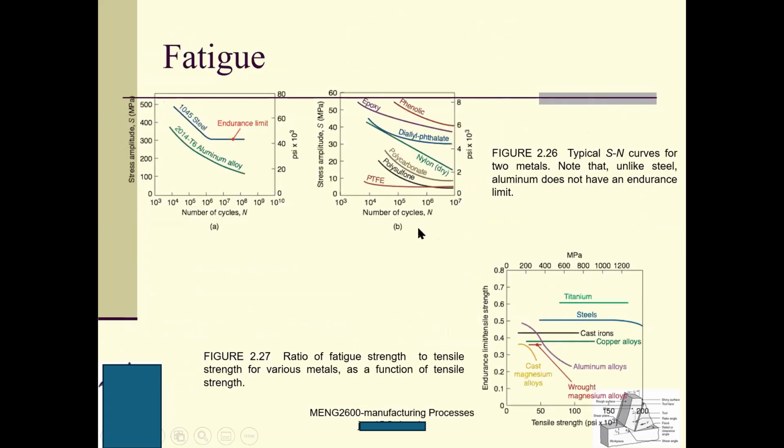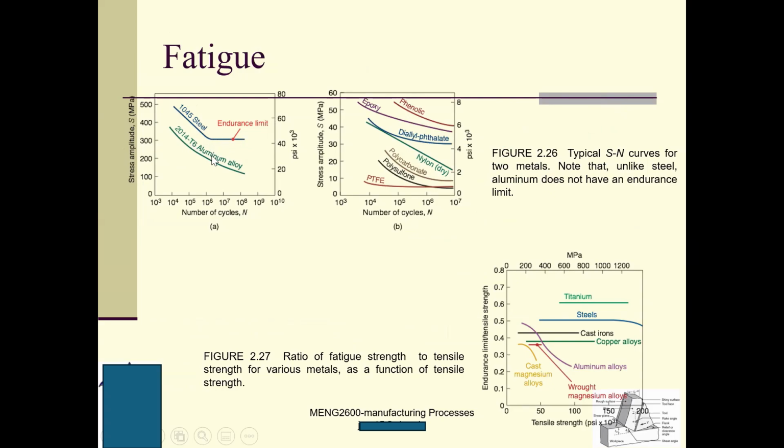Fatigue means that you apply a cyclic load. This is for the ferrous metal, for this steel, we have an endurance limit. You can see the endurance limit is a horizontal line.